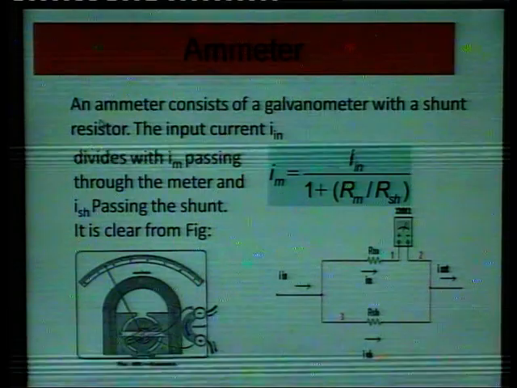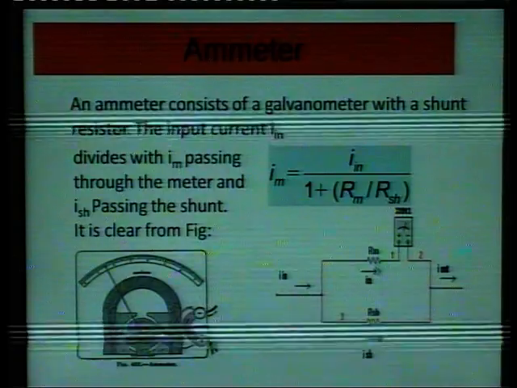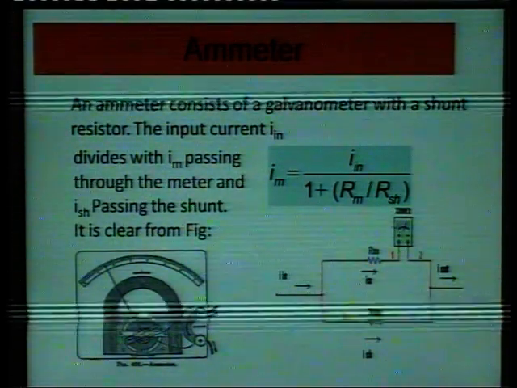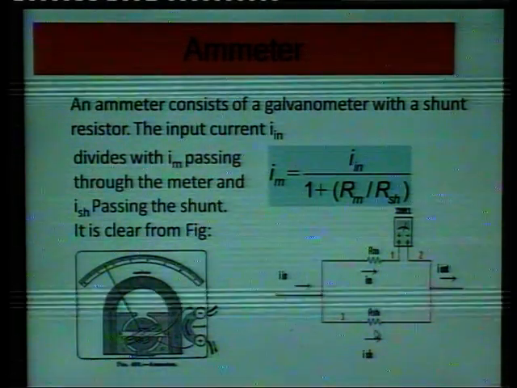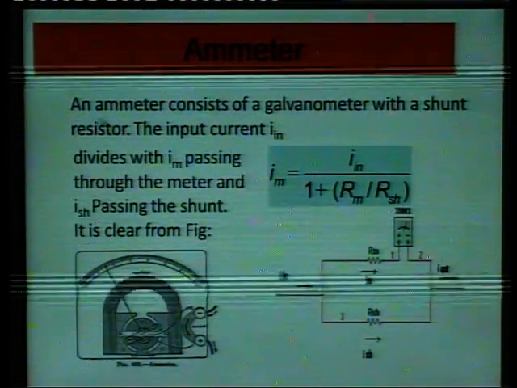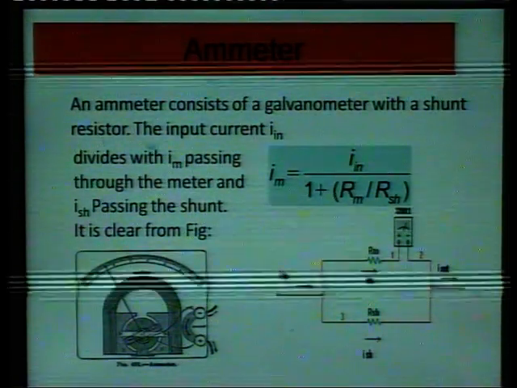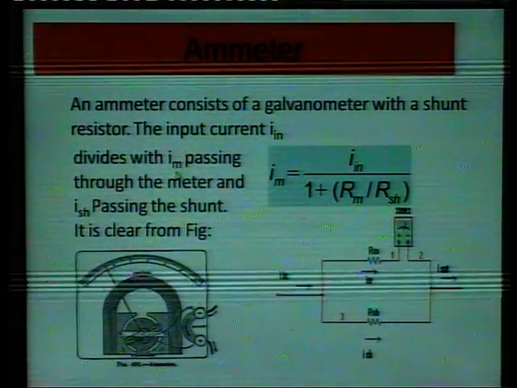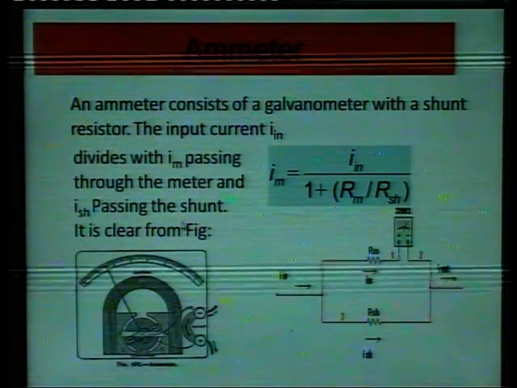How is a galvanometer converted into an ammeter? By connecting a shunt, that is a low resistance, in parallel to it. By doing so, the resultant resistance of this combination decreases. As we know, when resistances are connected in parallel, the resultant decreases. So an ammeter consists of a galvanometer with a shunt resistor. The input current I_in divides, with I_m passing through the meter and I_sh passing through the shunt.